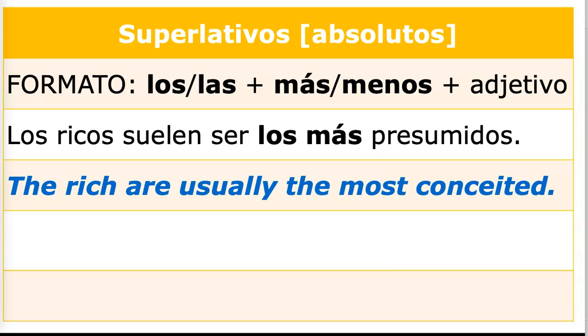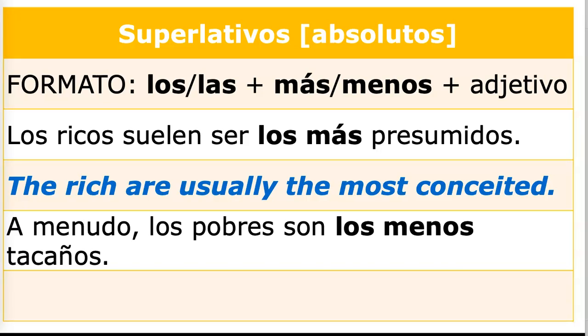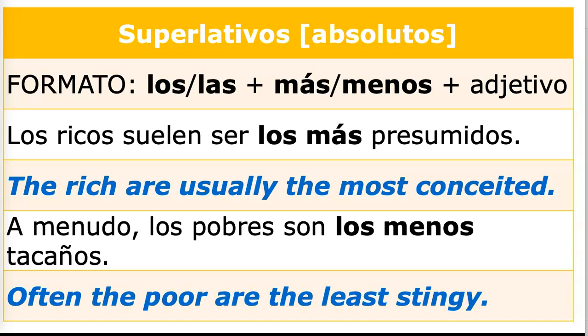And it's kind of a classist statement, so forgive me. A menudo los pobres son los menos tacaños. Another one of our vocab words. Often the poor are the least stingy.